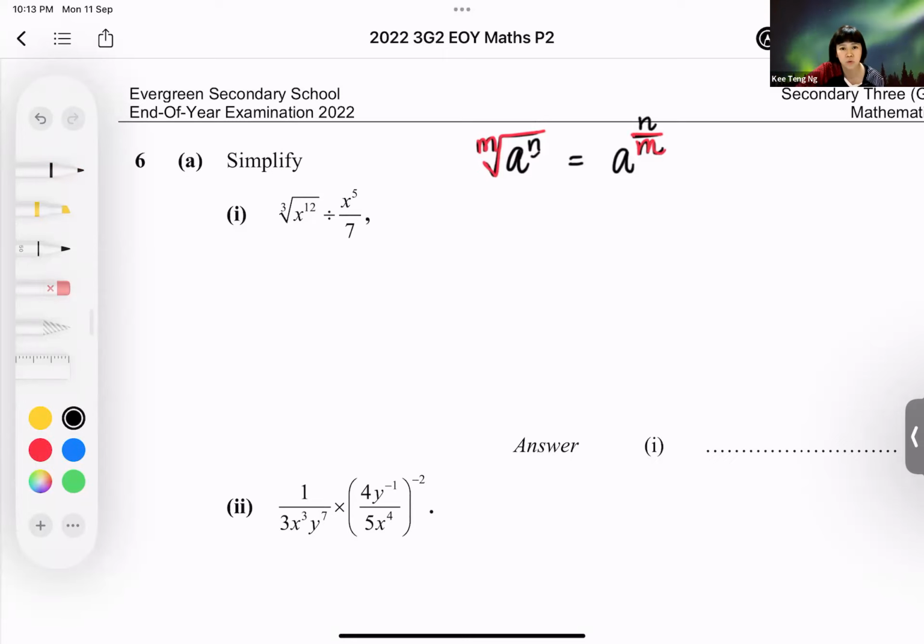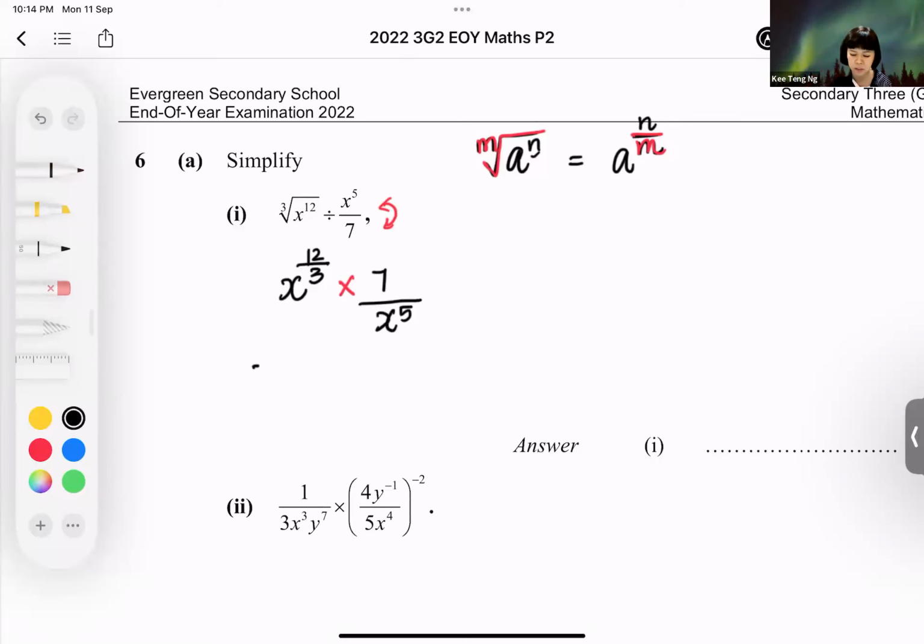All right. So first part over here, I'm going to change it to x to the power 12 divided by 3. Now division, I'm going to change division to multiplication. Change, flip. I'm going to flip this because it's division. So now 7 is on top over x to the power of 5.